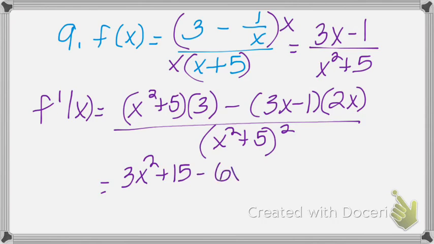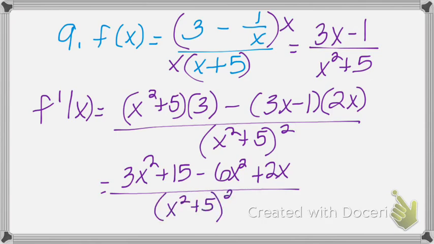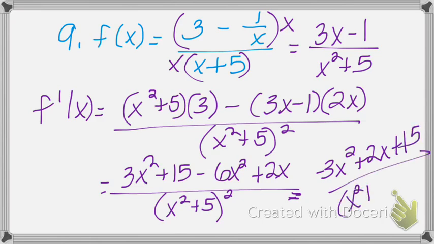Multiply that out, negative 6x squared plus 2x over the bottom squared. If I simplify that, I get negative 3x squared plus 2x plus 15 over x squared plus 5 squared.